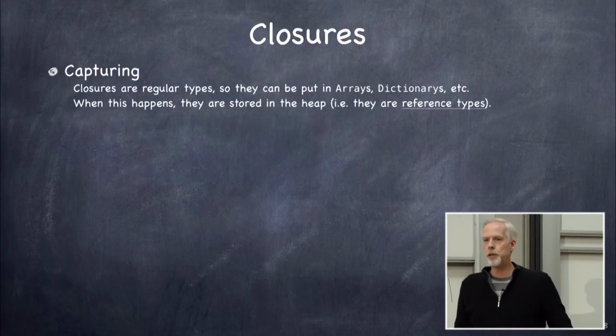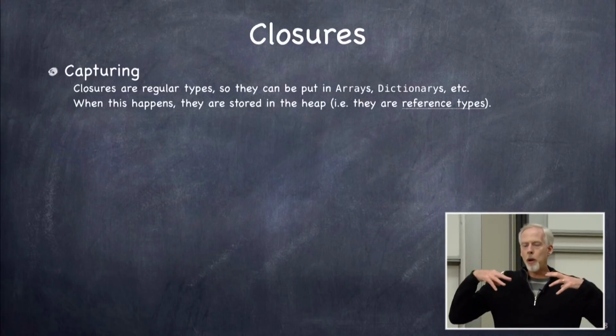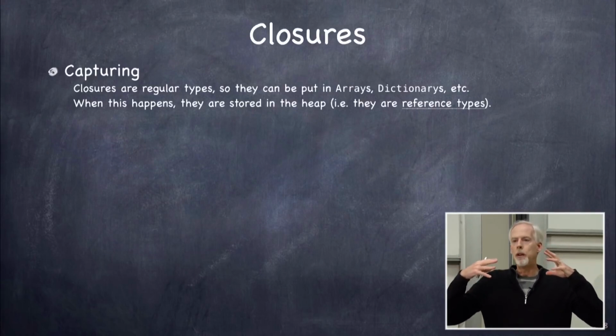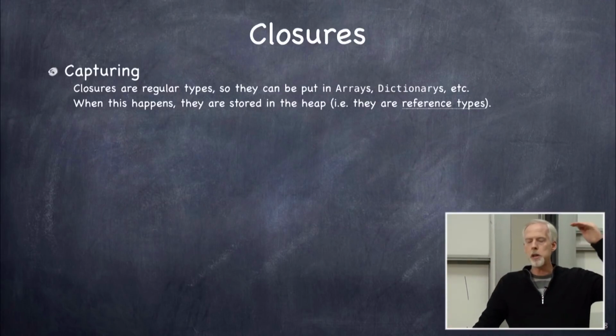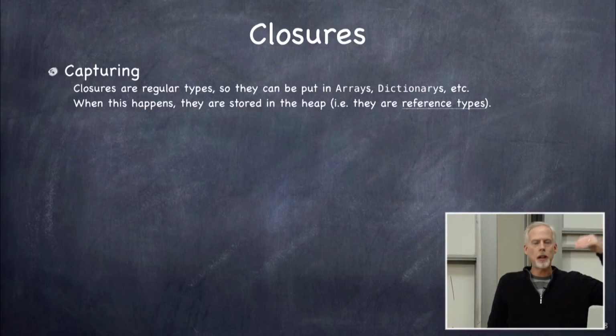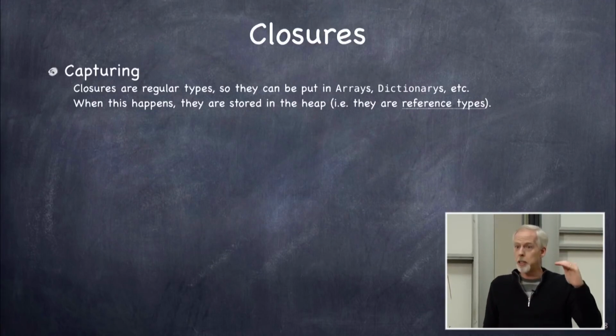Now, one thing about closures to be careful of. They do capture their surrounding variables. So if I have a closure, it's just a function embedded right in my code. If there are local variables or instance variables in the class I'm in or whatever, and I use them in the closure, it works. Okay? And even if that closure sticks around, those things still continue to work until the closure goes away.